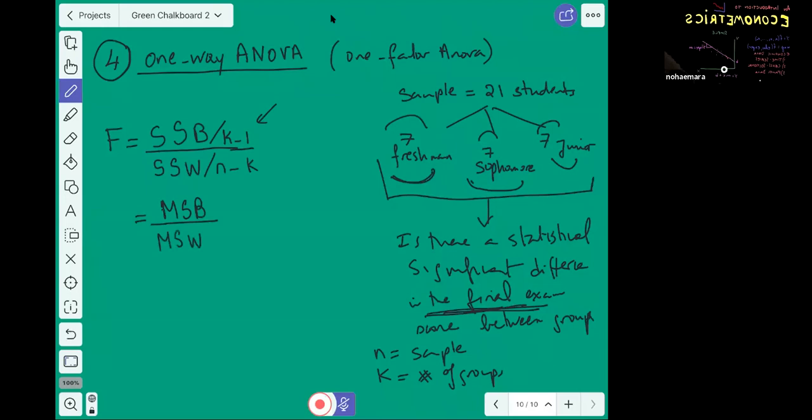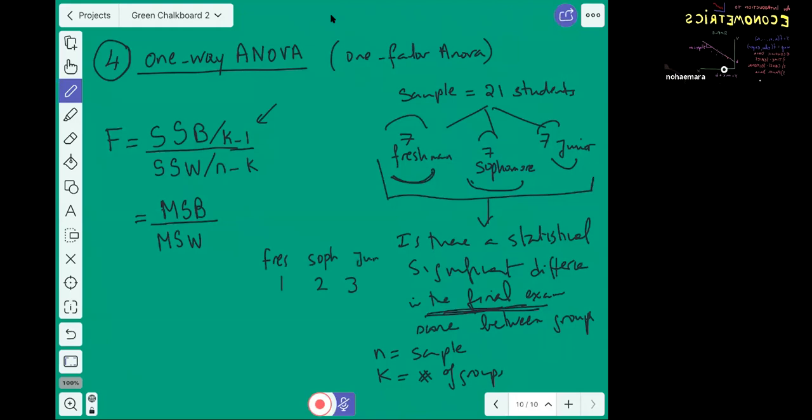So I have the final exam. You give them a final exam, and you have group 1, group 2, group 3, where group 1 is the freshman, group 2 is the sophomore group, and this is the group of the juniors.